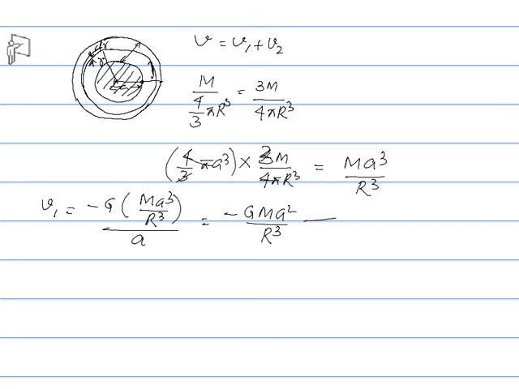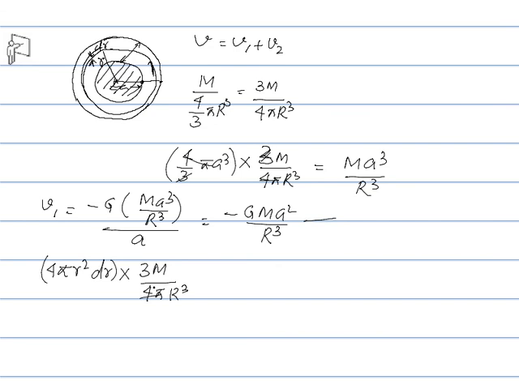this to this point. So what will be the mass of this elementary shell? To find the mass of this elementary shell, we have to find out the volume of this elementary shell first. So the volume is 4 pi r square into dr, and density of this solid sphere is 3m by 4 pi r cube.